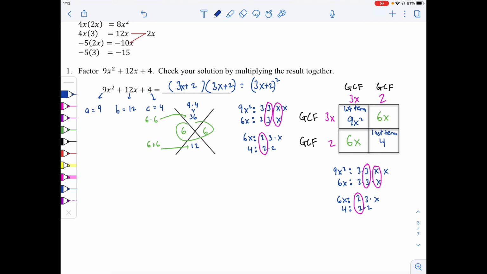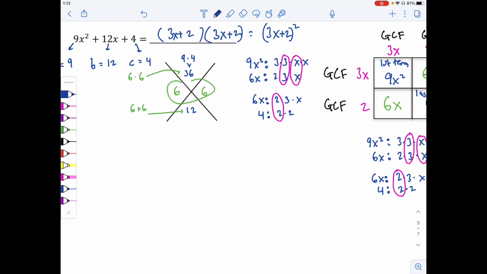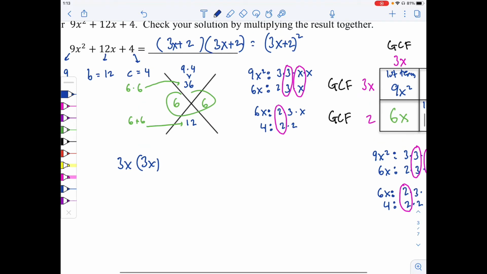Okay, we're going to check our answer by multiplying the result together. So 3x plus 2 times 3x plus 2, with the distributive property. First, 3x times 3x. Then outer, 3x times 2.